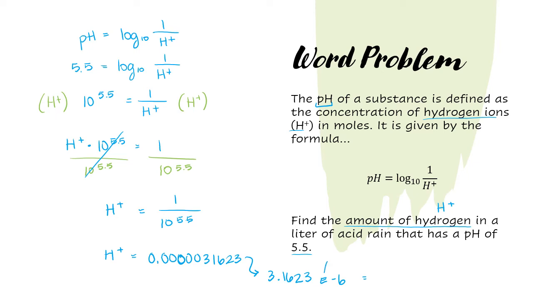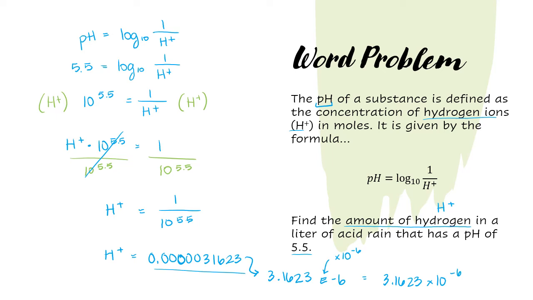This little e represents times 10, and the number next to it represents the exponent we're raising 10 to. So really what we're seeing here is 3.1623 times 10 to the -6th power. That's another way of representing all of these zeros before we get to the actual value. Not a whole lot of hydrogen, apparently, in that liter of acid rain. Looks like that would be our answer.